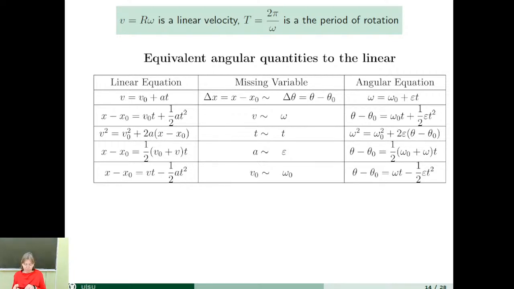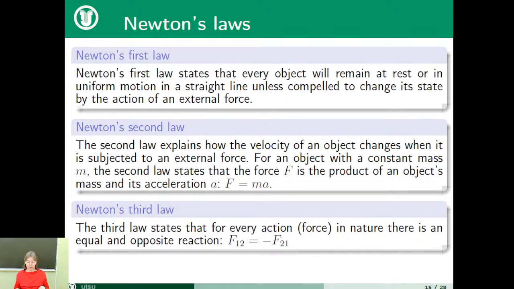These are the formulas for translational motion, the linear equations, and these express rotational motion, the angular equations.